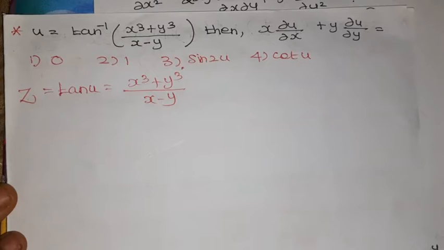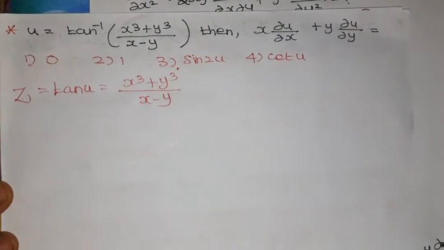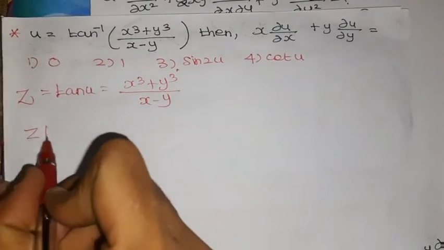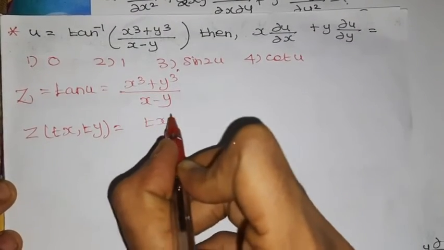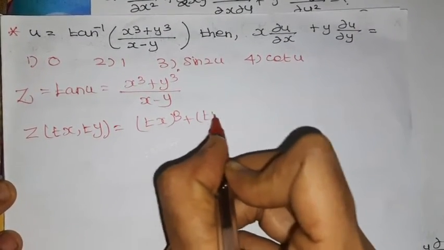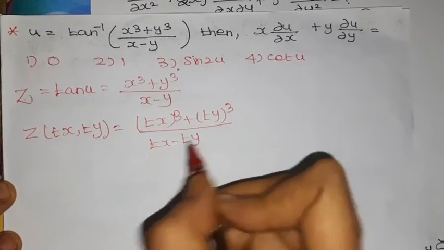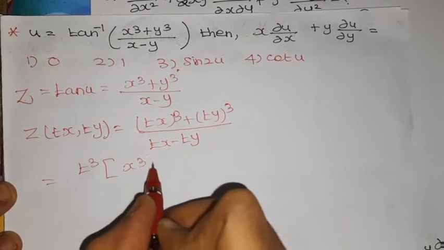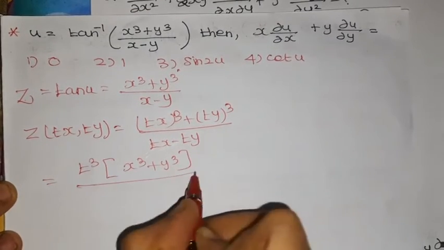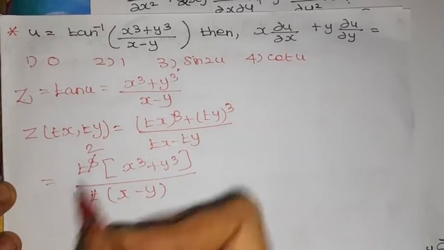We need to check the homogeneity of the given function. Then only we can apply the Euler's theorem, right? So z of tx comma ty, then tx the whole cube plus ty the whole cube divided by tx minus ty. So take t cube outside as common, x cube plus y cube divided by t as common, x minus y. So this and this cancel.